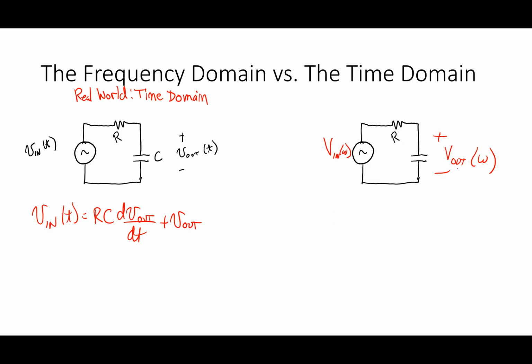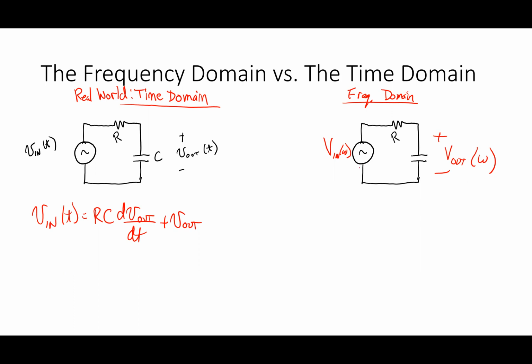If I told you you didn't know anything about Fourier transforms, how would you have done this? You've been doing it in the frequency domain in 2112. What do you do instead of writing the differential equation? Impedance. Frequency domain and impedance are effectively the same thing.